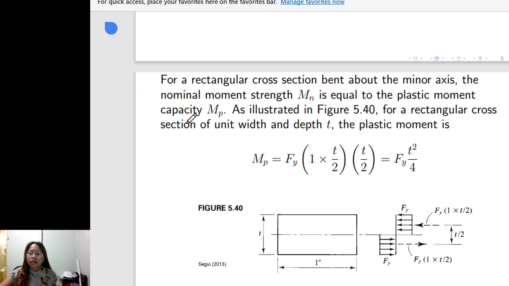For a rectangular cross section of unit width and depth t, the plastic moment is this one.